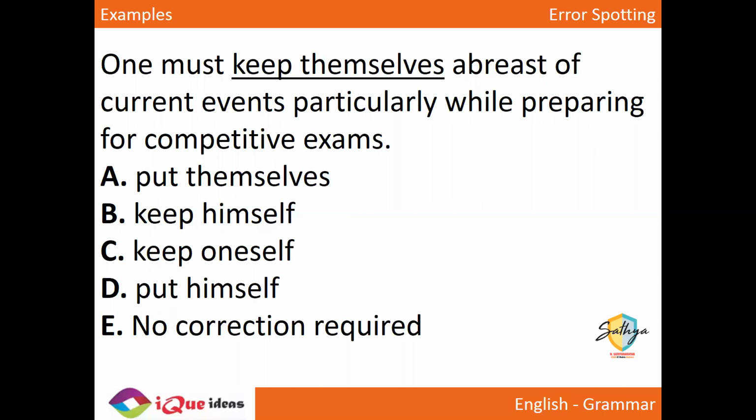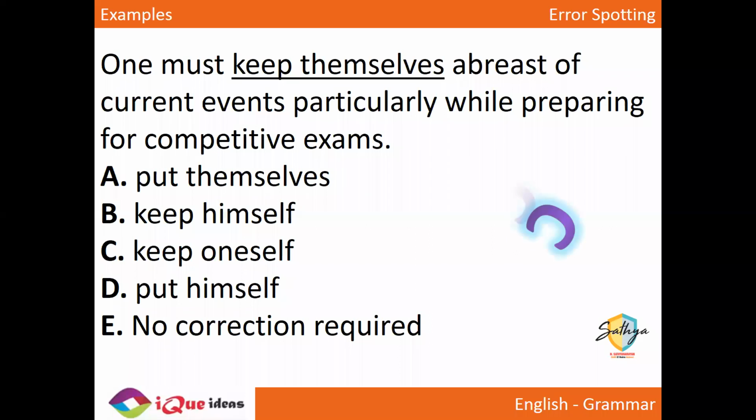I'm getting a mixed bag of answers from everybody. Guys, remember parallelism. I के साथ myself, you के साथ yourself, he के साथ himself, she के साथ herself, it के साथ itself, they के साथ themselves, one के साथ oneself.